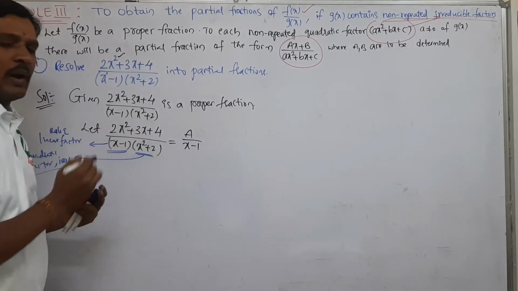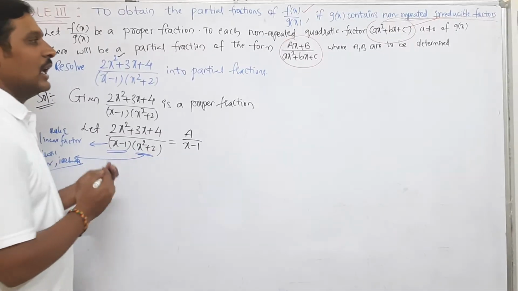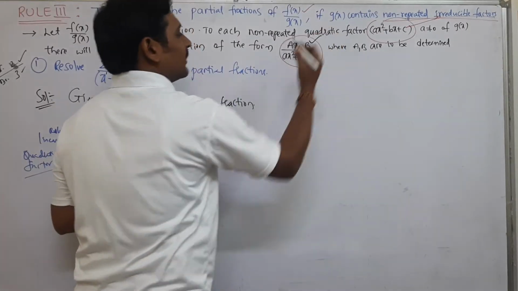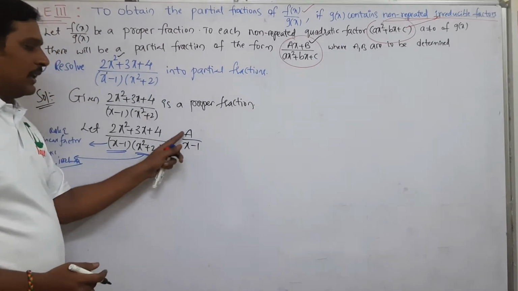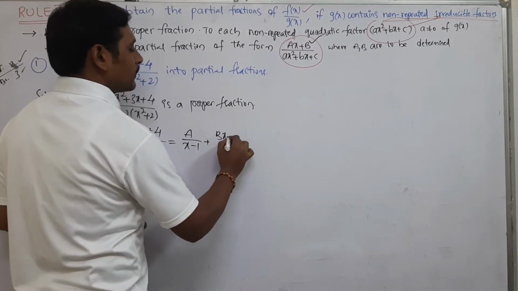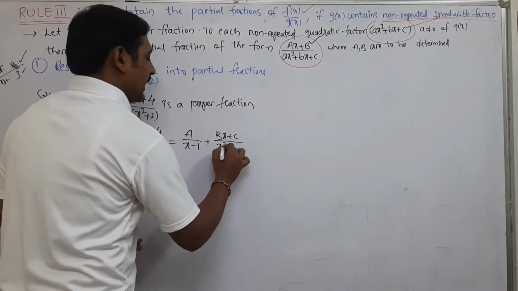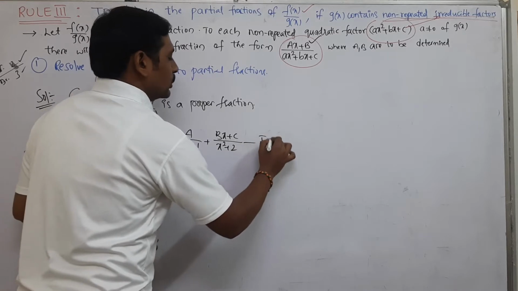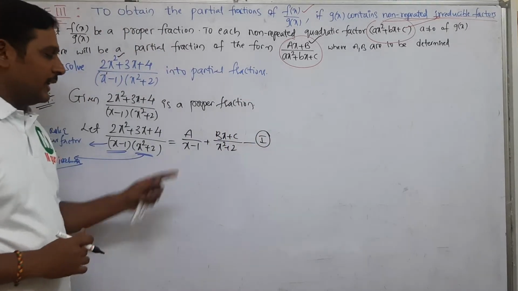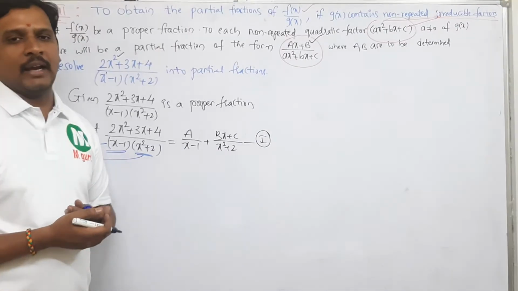But already we have taken a, so go for the next letter: bx plus c by the quadratic factor, which is x square plus 2. So this is the required equation. Here the a, b, c values have to be determined.